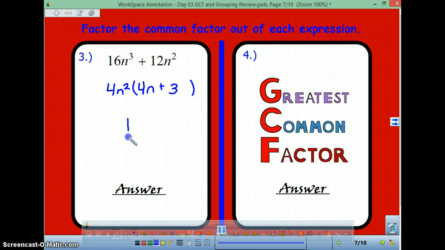I could check it with a box. If I multiply 4n squared by 4n plus 3, do I end up with what I started with? I do.